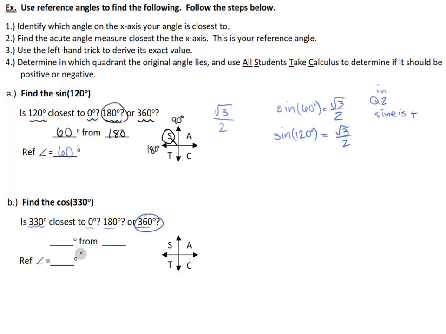We're definitely closest to 360. So how far away are we from 360? We're 30 degrees away. And so we're going to use 30 degrees as our reference angle in the first quadrant. So let's reference the cosine of 30 degrees. So let's find our reference angle.